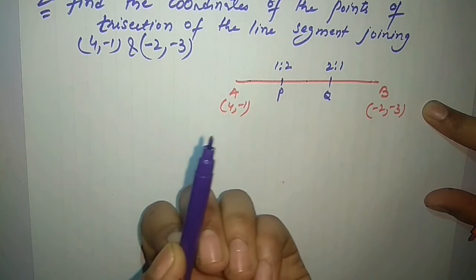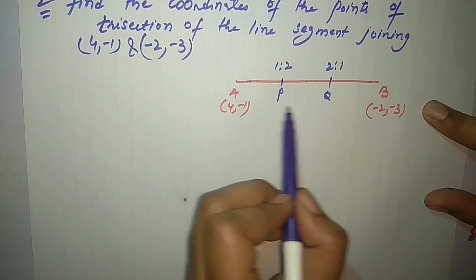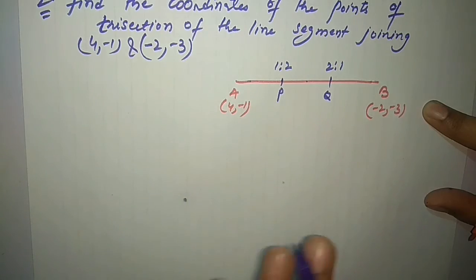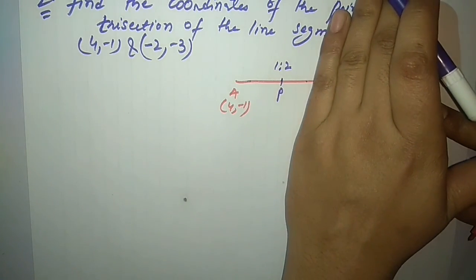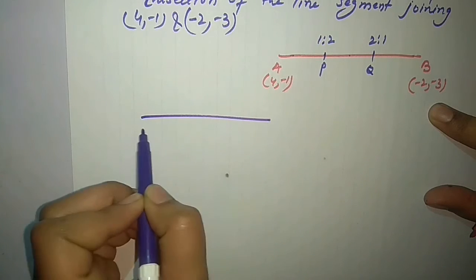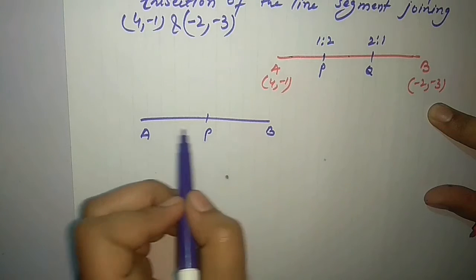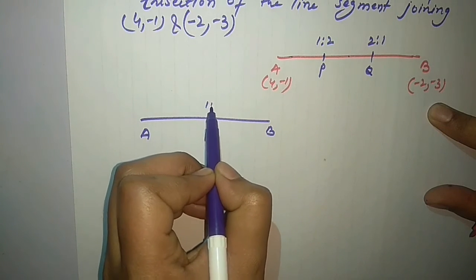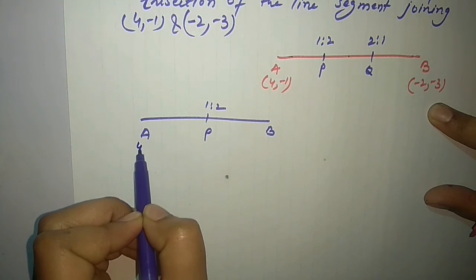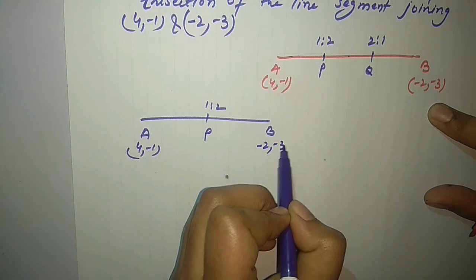So now we need to find the coordinates of these 2 points P and Q. For P we forget Q, and we have the line AB and here is P. The ratio is 1:2, A is (4, -1) and B is (-2, -3). We need to find x, y.